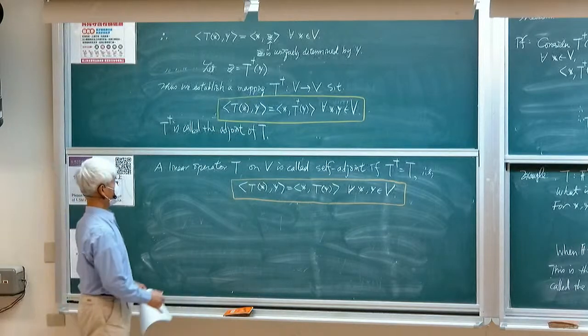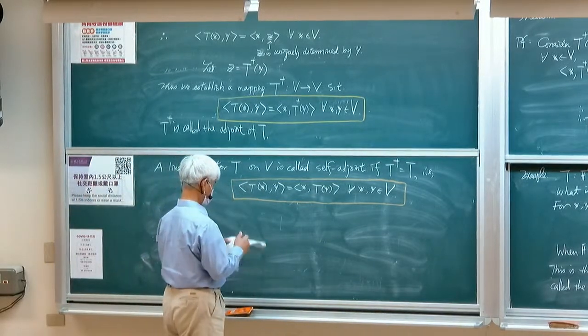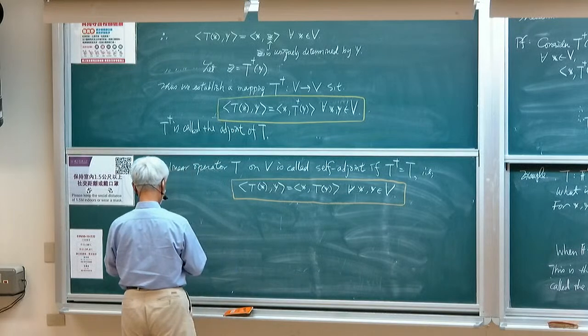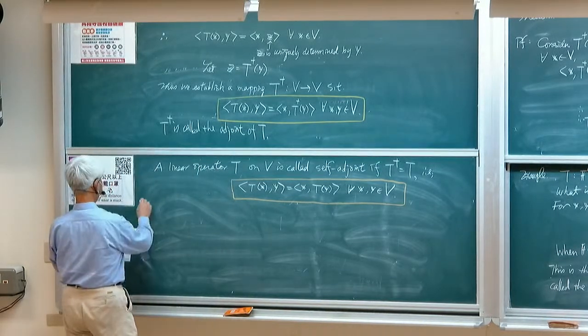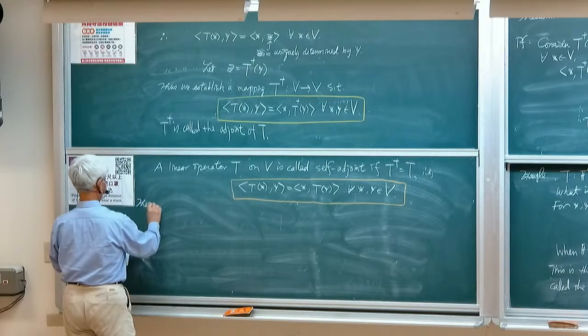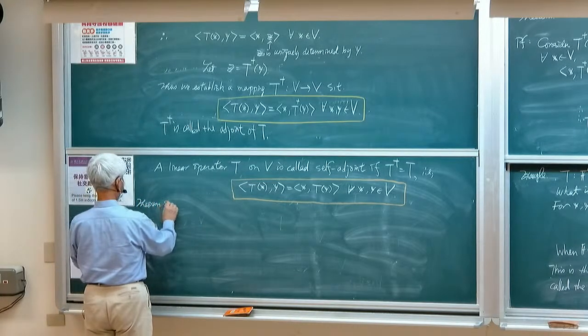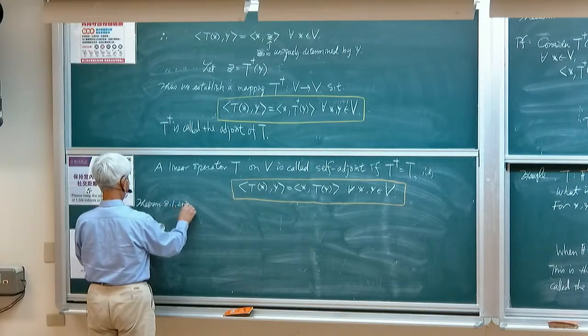Okay, so a linear operator is called self-adjoint, and the self-adjoint linear operator is important and has many useful properties, including the following.